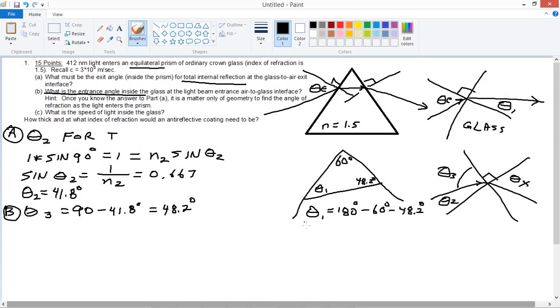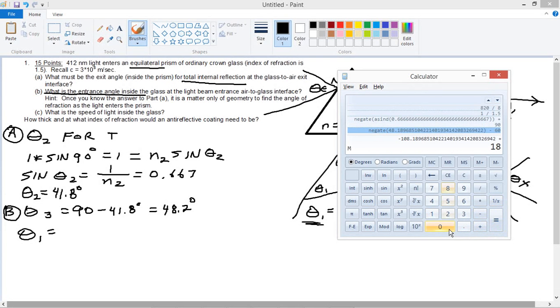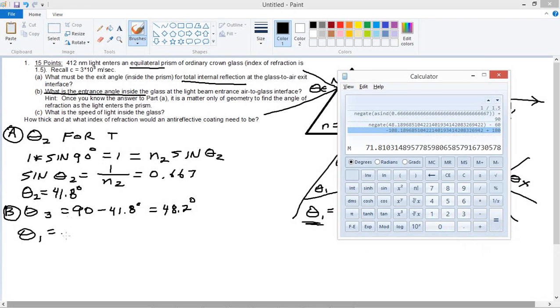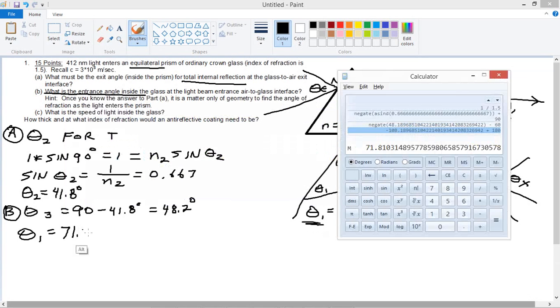So inside the glass, theta 1 equals this expression. Go back to our calculator, calculate away, change sign, take away 60 equals 108, and we add 180 to it. I'm just using negation to perform subtraction. That's all I'm doing in the calculator. 71.8 degrees.